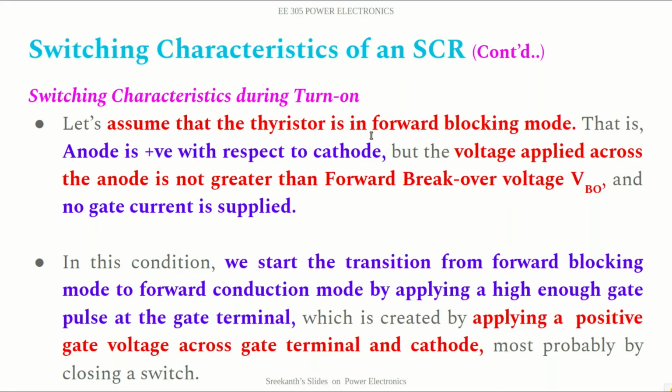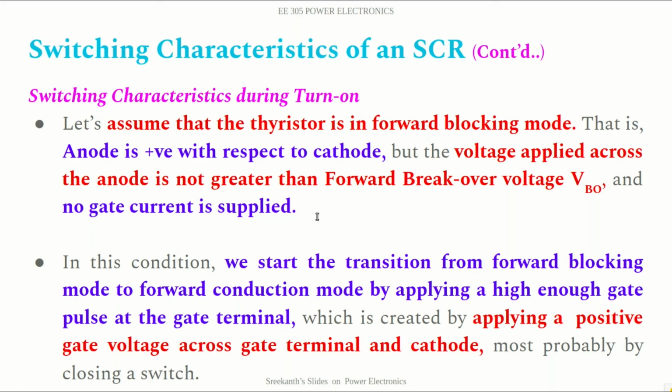Let's assume the thyristor is in forward blocking mode, that is anode is positive with respect to cathode, but the voltage applied across the anode is not greater than forward breakover voltage VBO, and no gate current is applied. So it is forward biased, but that voltage is not high enough to turn on the thyristor on its own.